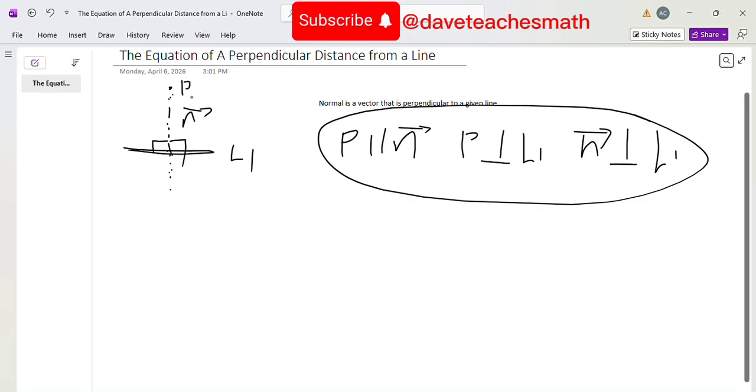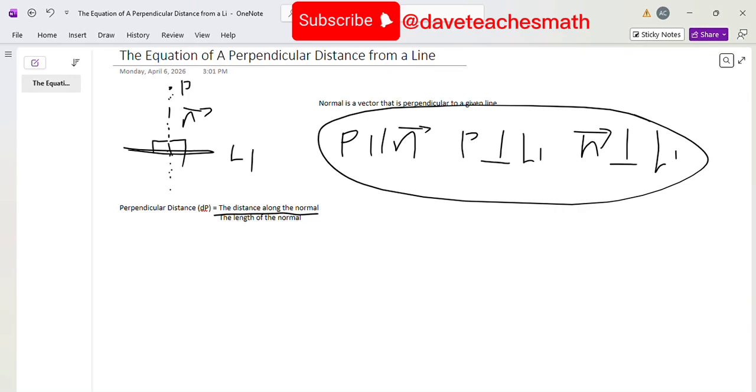So what is the formula for finding a perpendicular distance? Let's write down the formula. A perpendicular distance, which can be denoted by small d in reference to the point P. So dP could be written with the formula: the distance along the normal over the length of the normal.